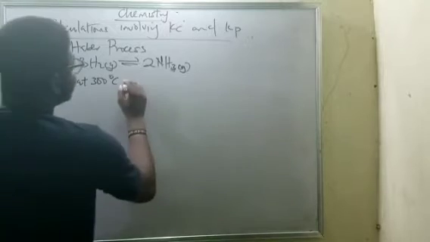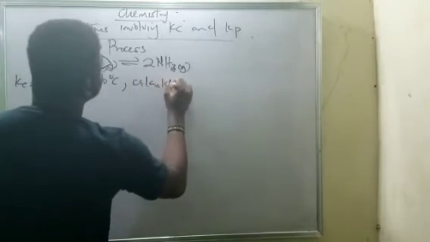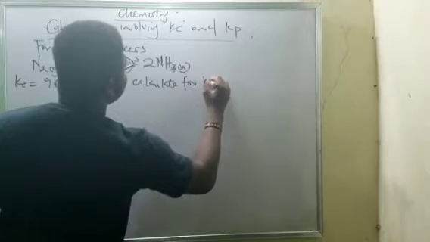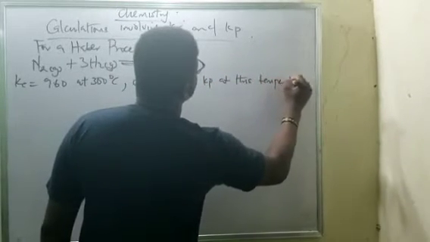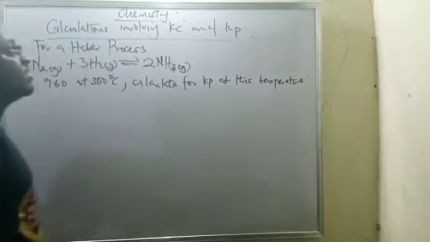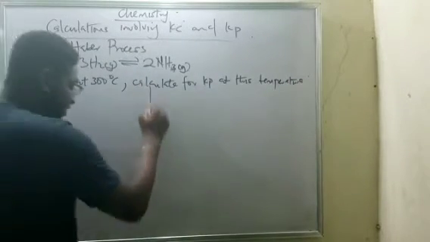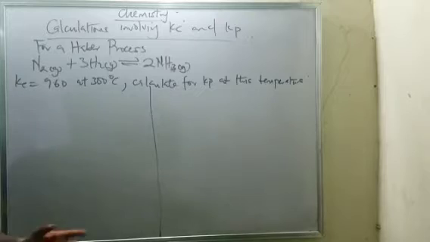And the question says that we should calculate Kp at this temperature. I would like to divide the board at this point because we'll be having a long calculation.